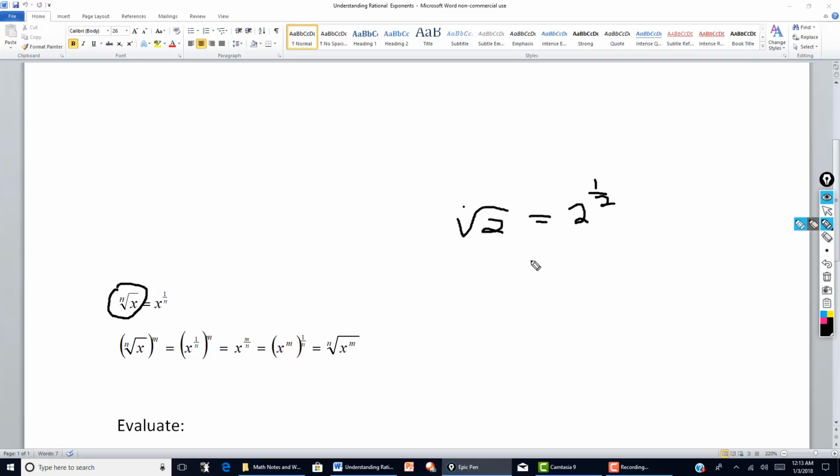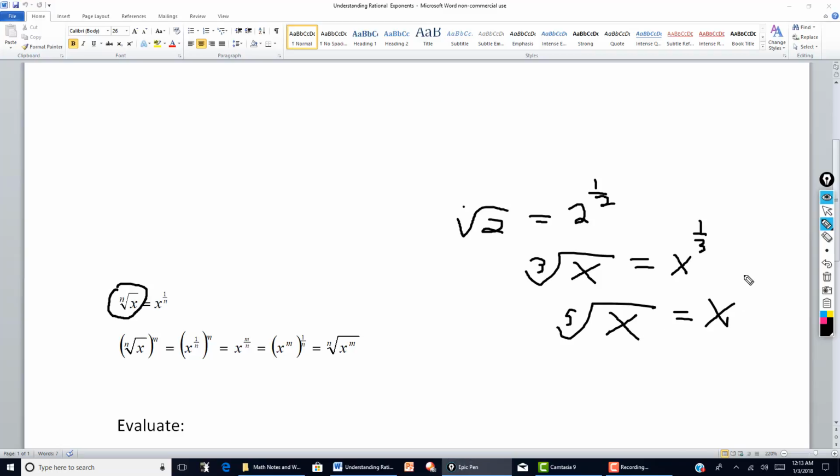But if you have anything else, like a cube root, then we have to put a 3 there. So the cube root of x becomes x to the 1/3, or the 5th root of x is x to the 1/5, and so on.